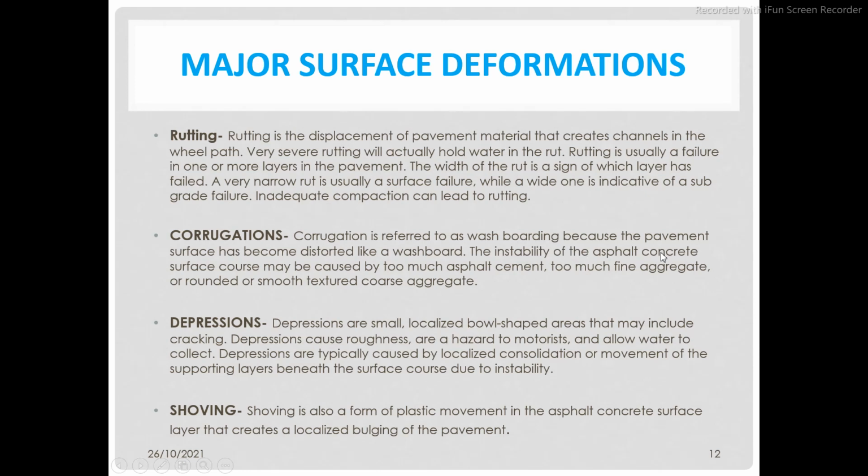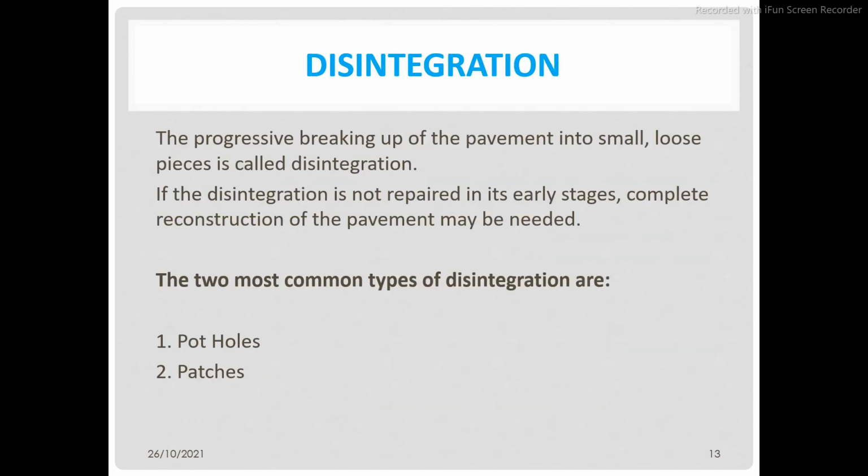Okay, now we are going to talk about the third type of failure which is found in the road, named disintegration. It is basically the progressive breaking up of the pavement into small loose pieces, which is called disintegration. If the disintegration is not repaired in its early stages, complete reconstruction of the pavement may be needed.